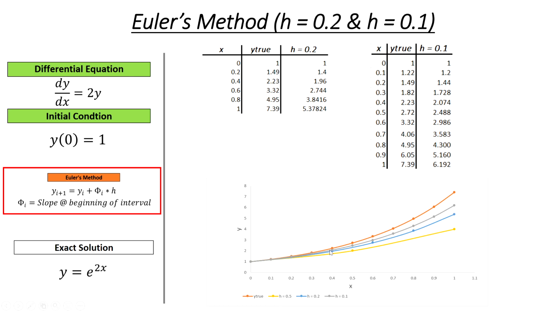Now, why is the distance between the approximation and the true value increasing as we move along? Again, much like with the 0.5, because as we move along this function, the curvature increases with each interval.